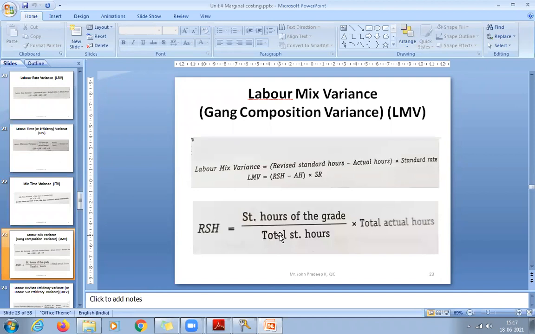RSH, same as we did earlier for material variance, you have to calculate here also. Earlier we calculated revised standard quantity, now we have to calculate revised standard hours. So the standard hours of one grade of employee divided by total standard hours into total actual hours gives the RSH. Then you subtract that from actual hours and multiply by standard rate, and you will get the labor mix variance.